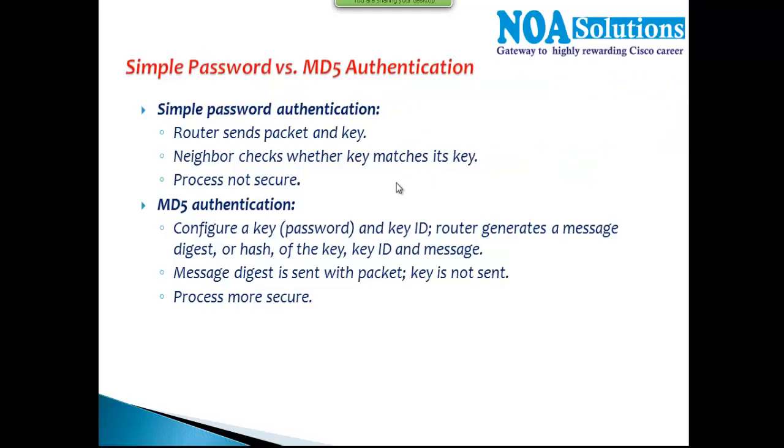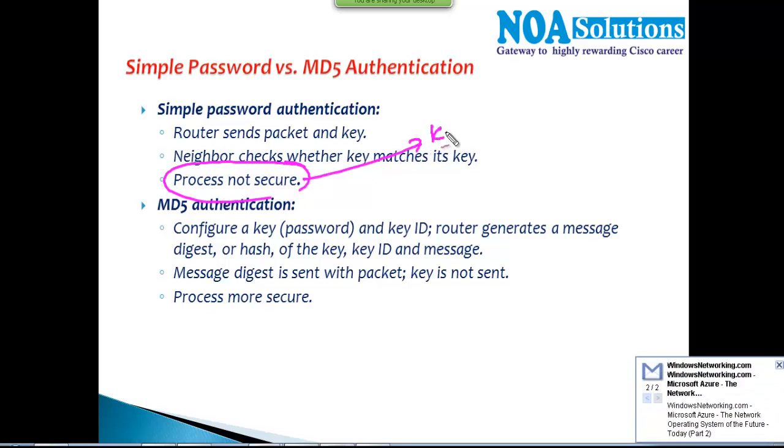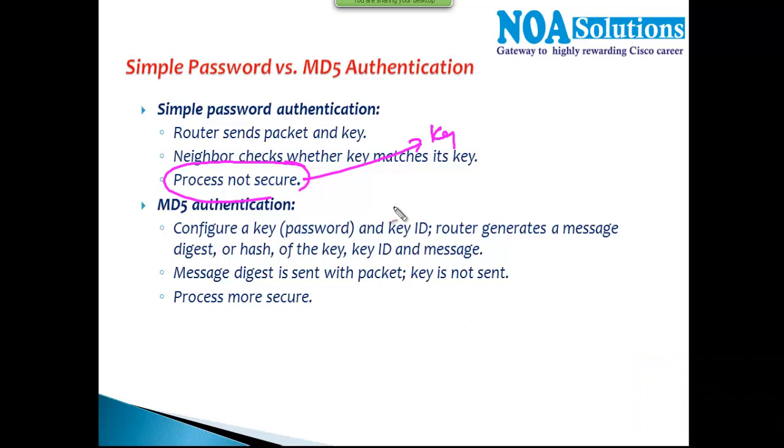But the major drawback with simple password authentication is that the process is not secure, because we are exchanging the key, the password, in clear text. To overcome that, we can use MD5 authentication.